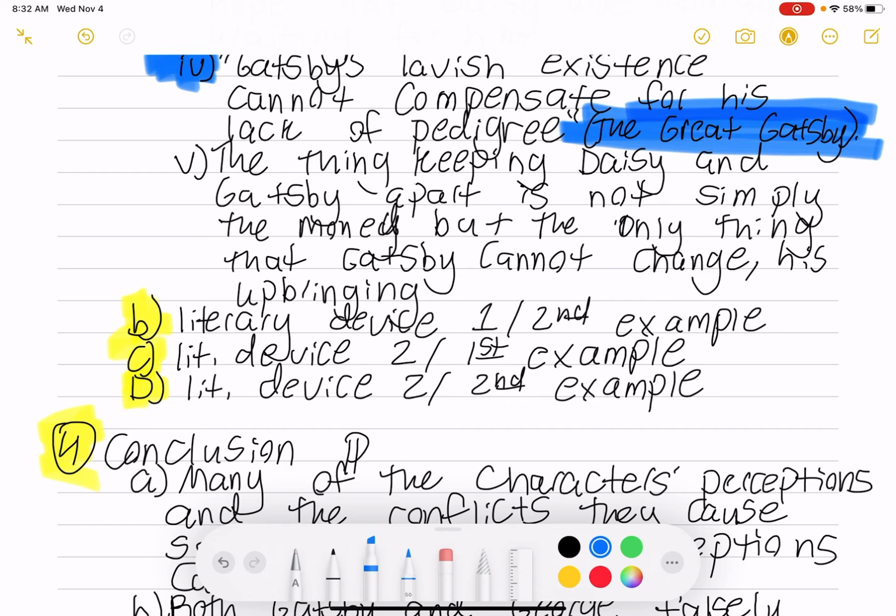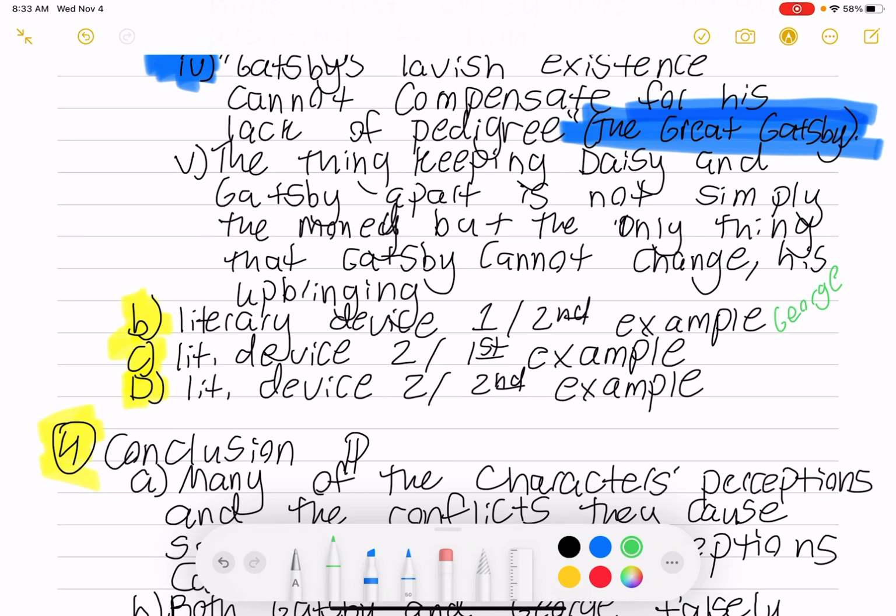For paragraph B, you're going to do that same literary device with a character and your second example. So my second example might be George. And I'm going to do a paragraph just like the one before about George and his false perceptions. Then you're going to move to your second literary device for the last 2 paragraphs. And you have like an example of each. So my second literary device is conflict.